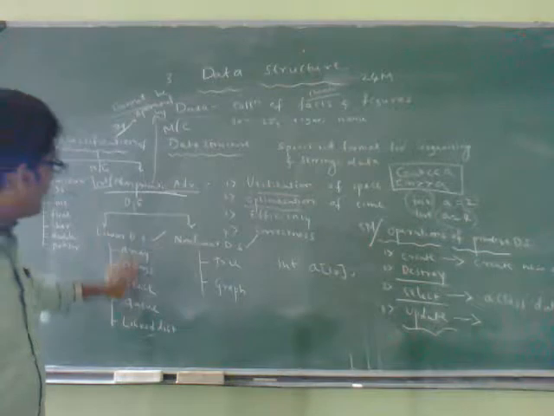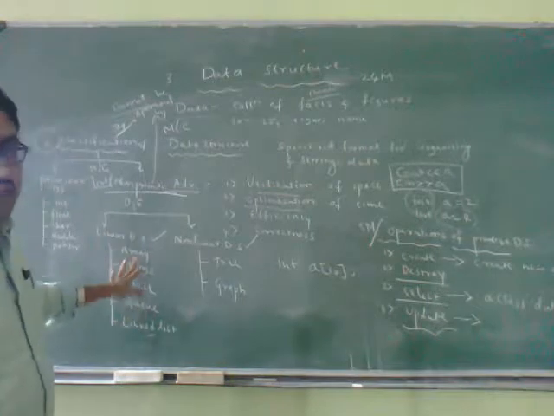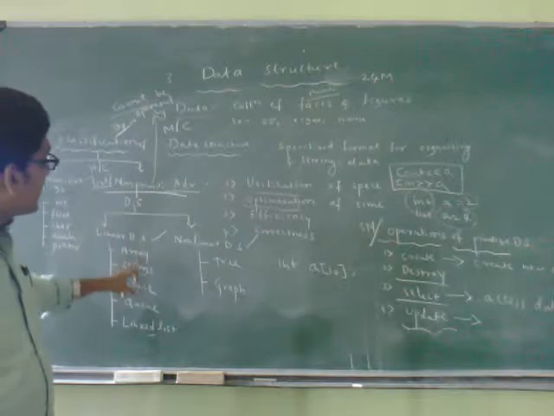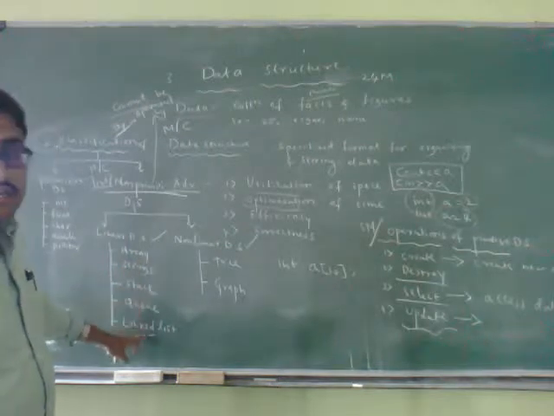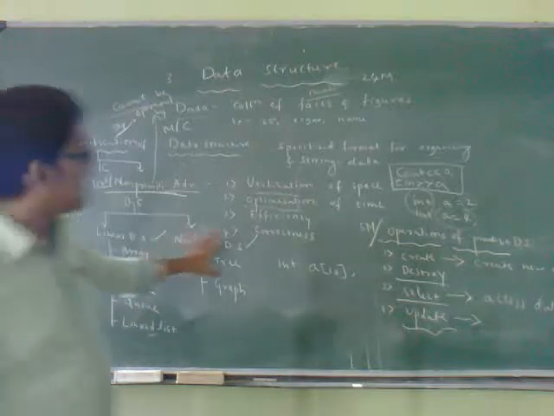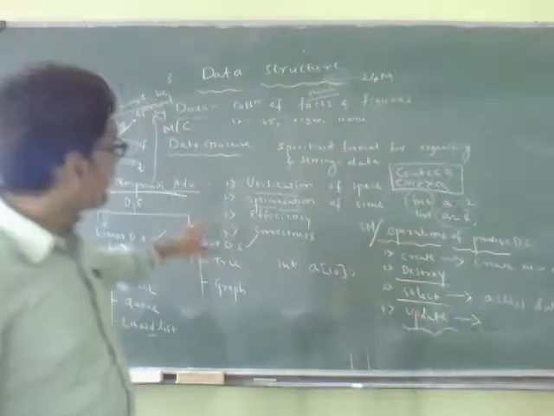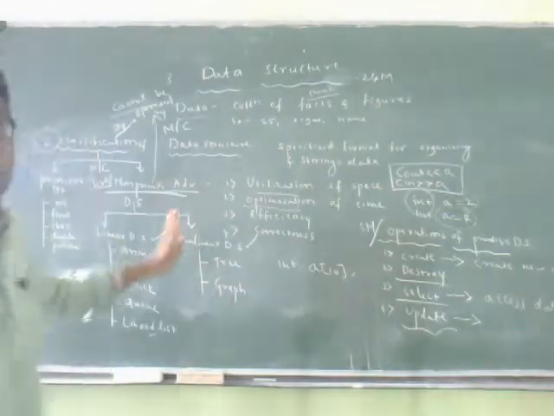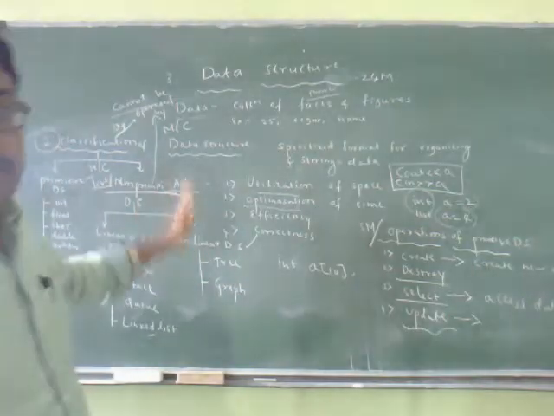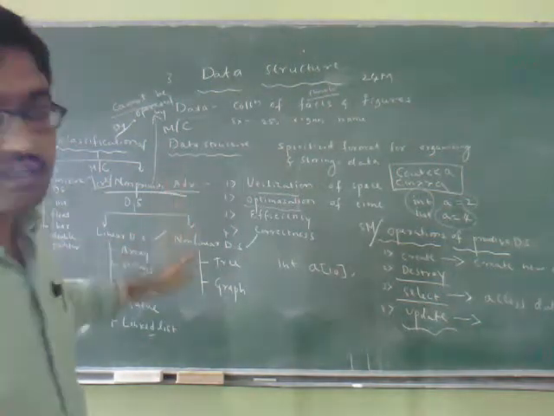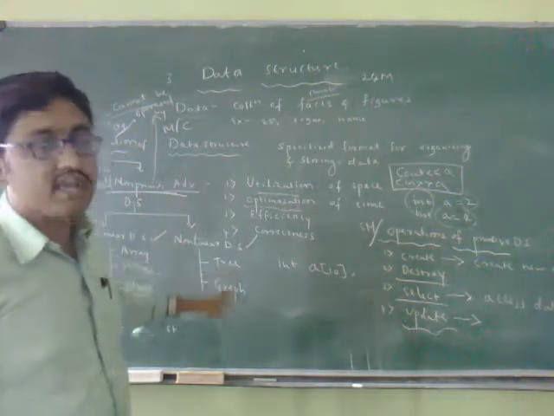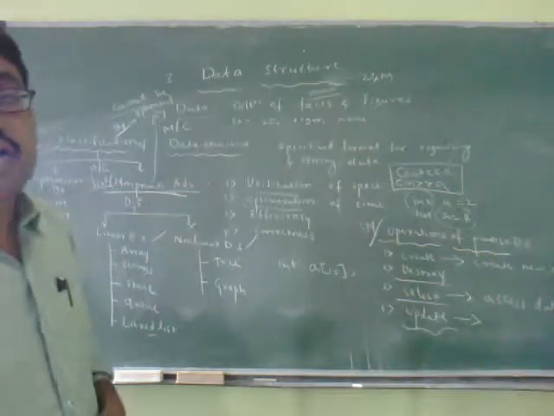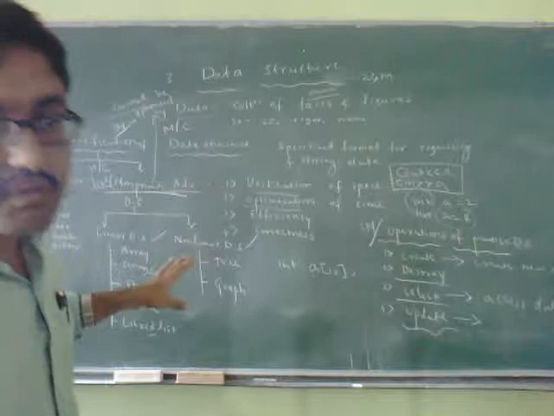Example for non-linear data structure: tree and graph. In 2018 this question was asked for 1 mark. These are the examples of non-linear data structures. You have to remember these.